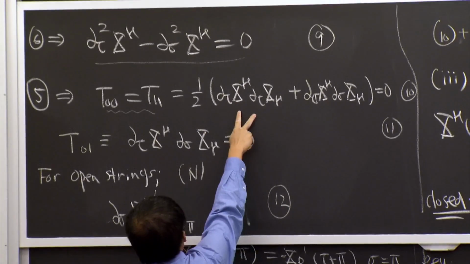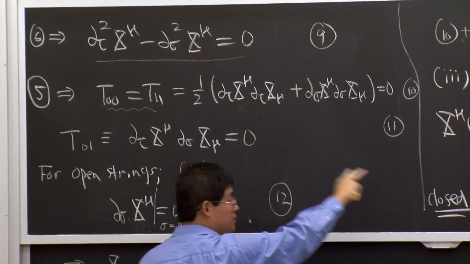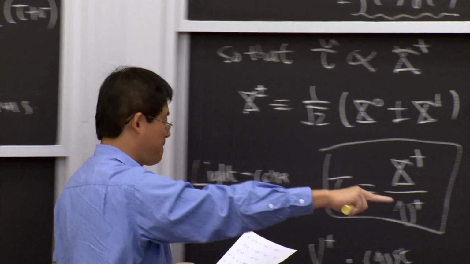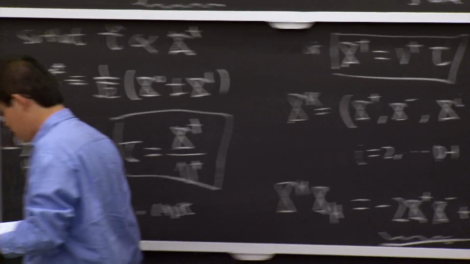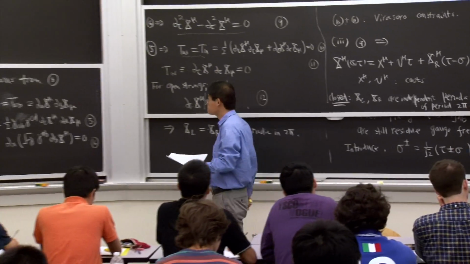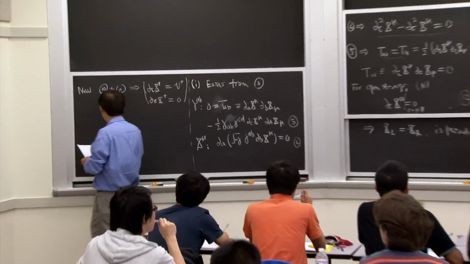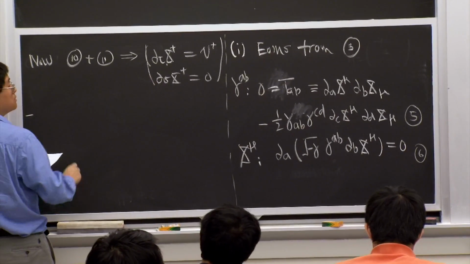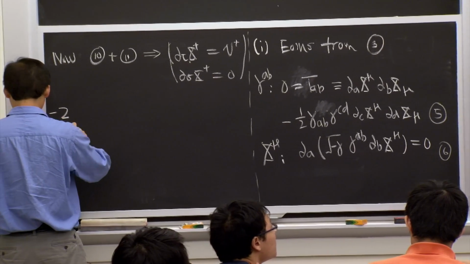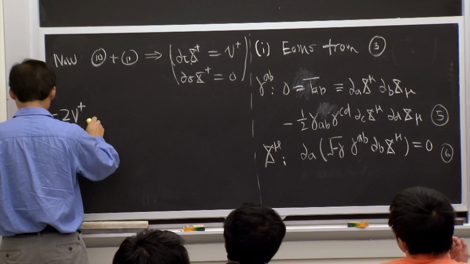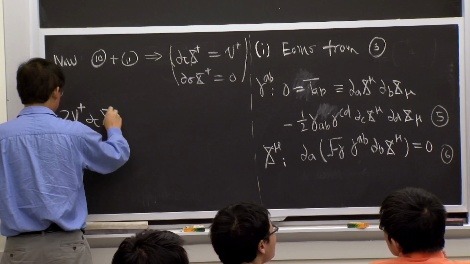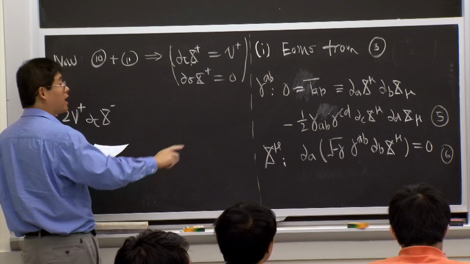So look at the plus and minus structure here. Use this here. Then you get minus 2 v plus partial tau x minus, okay?